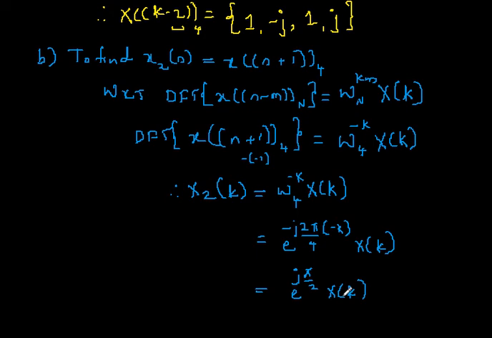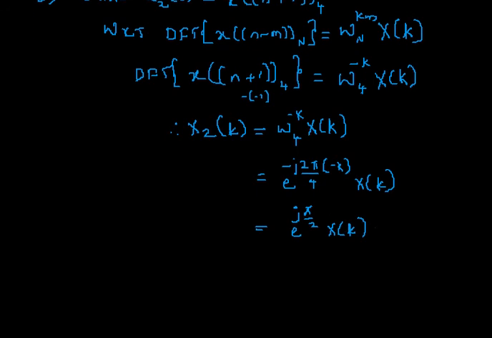What is e to the power j pi by 2? Using Euler's rule, I can write it as cos pi by 2 plus j sin pi by 2. Cos pi by 2 is 0, sin pi by 2 is 1, into j it becomes j. And there is a k term here. I can write it as j to the power k, X of k. Are we getting it?